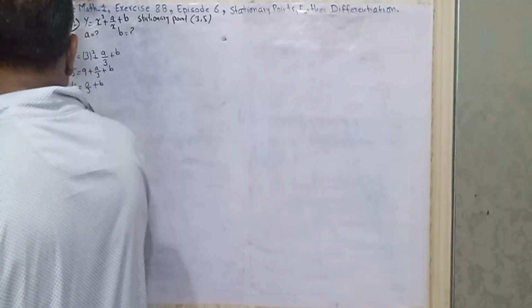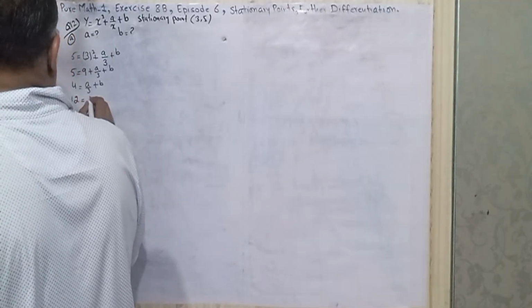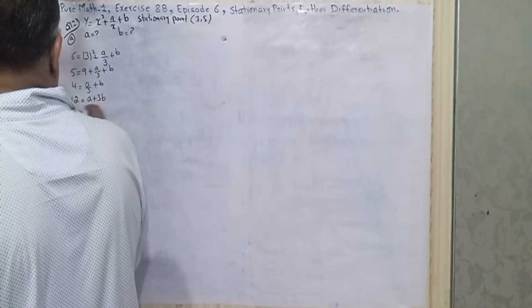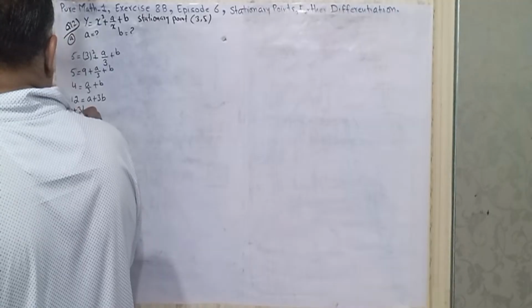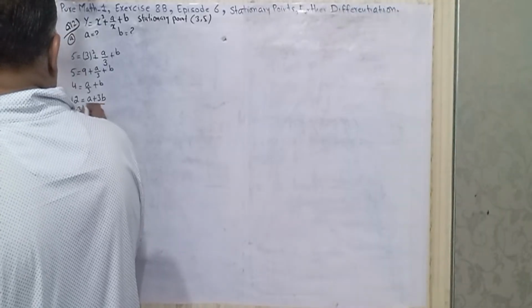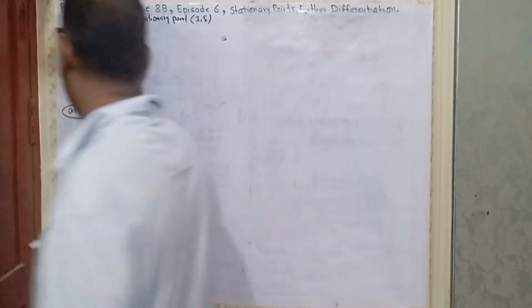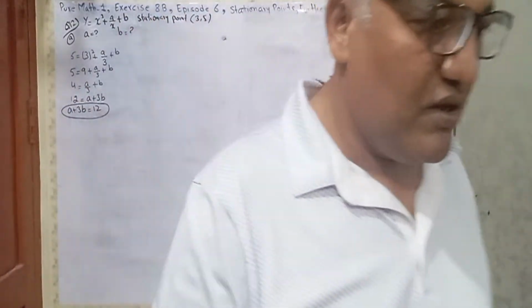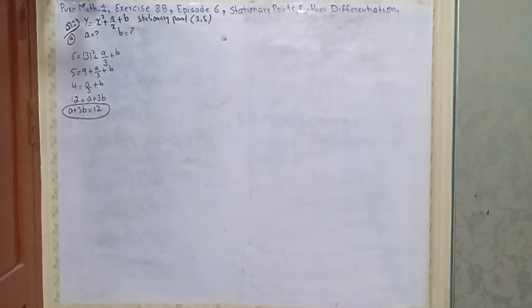So you will have minus 12 equals a plus 3b, so a plus 3b is equal to minus 12. This is my first equation, which I found by putting x equals 3 and y equals 5 in the original equation.